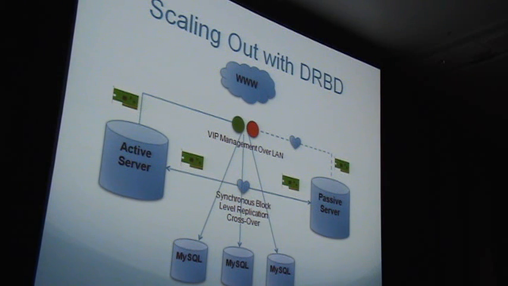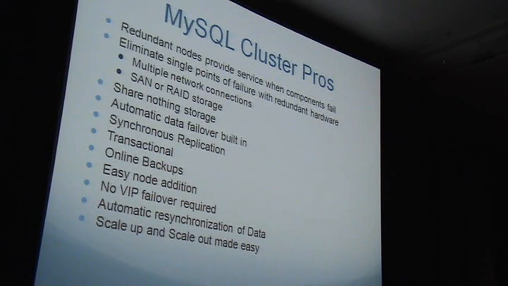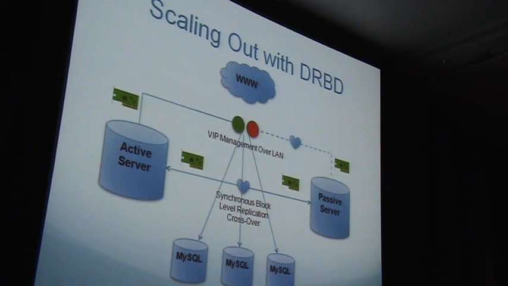Now let's say something goes wrong with the active server and the VIP fails over. Well, due to the asynchronous nature of replication, I still have all of my binary logs, everything. The only thing that really changed was the IP failed over from the active to the passive server, which is now the active server, and replication just continues and continues and continues. It's actually a really cool thing to do.